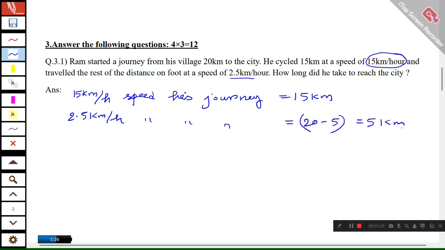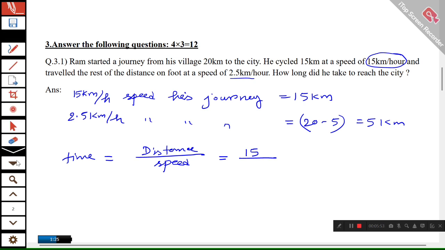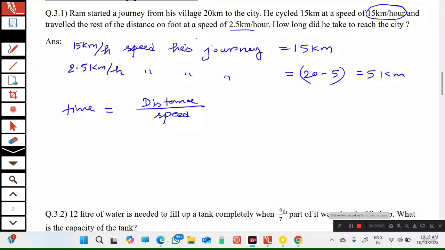So we have to find time for two different cases. So time equal to distance by speed. So their distance is 15 kilometer and speed is 15. Time equal to distance by speed.